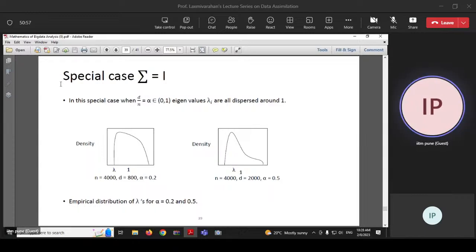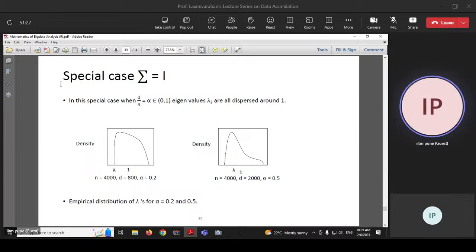Now, please understand, if this estimate is a good estimate, it must converge to the true covariance. Why? That is the mother distribution from which I'm taking these samples. The sample estimate should converge to the properties of the mother distribution.